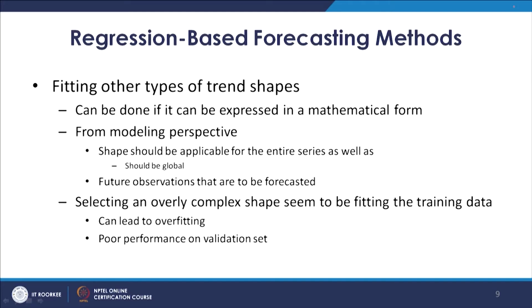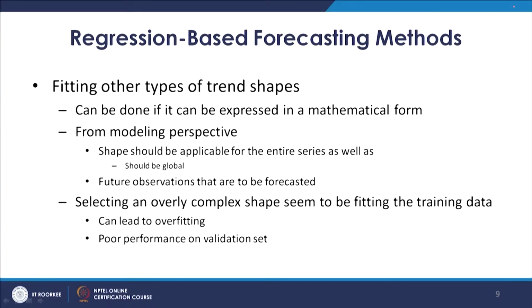However, from a modeling perspective, we need to take care of certain things. For example, the shape that we want to fit should be applicable for the entire series as well as future observations that are to be forecasted, because the main idea is to be able to forecast future values. Therefore, the shape that we plan to fit for the series should be applicable for the entire series and also the future observations that we want to forecast.